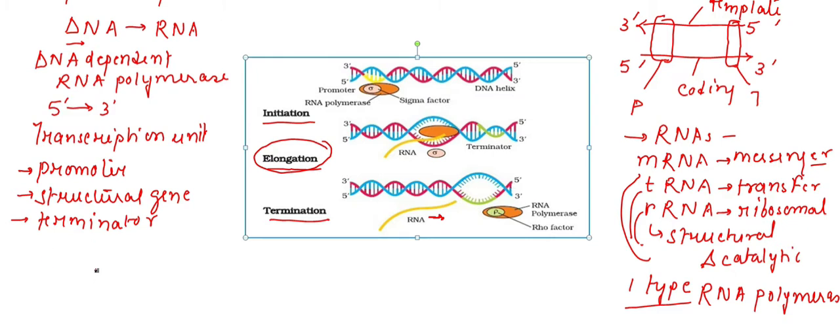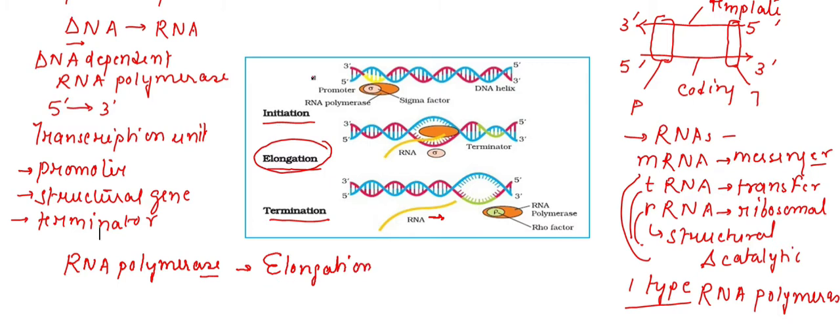The answer is that RNA polymerase is actually efficient for the elongation. It is the binding of the sigma factor and the rho factor which is responsible for the process of initiation and termination.